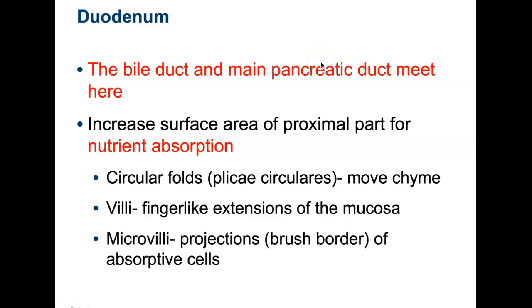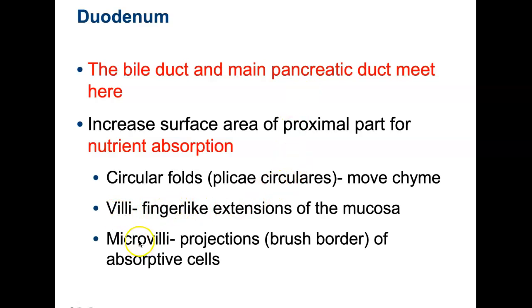The pancreatic duct is dropping off pancreatic juice to elevate the pH, and also digestive enzymes to finish breaking down the chyme as it comes from the stomach. This area is, they say it's the proximal part for nutrient absorption. So absorption is happening in the duodenum, but you also have a lot of action where you're dropping off the bile and the pancreatic juices.